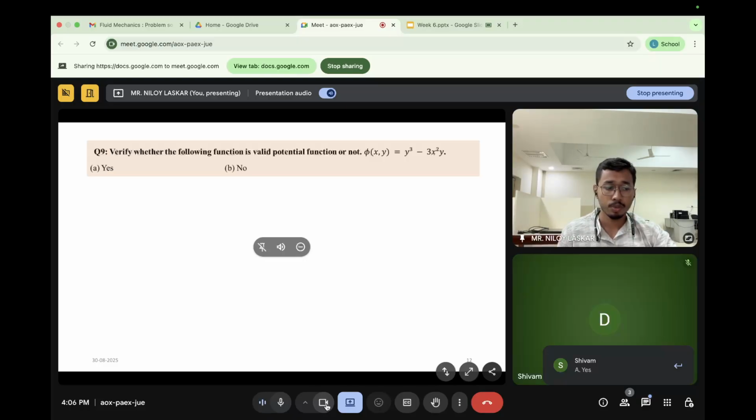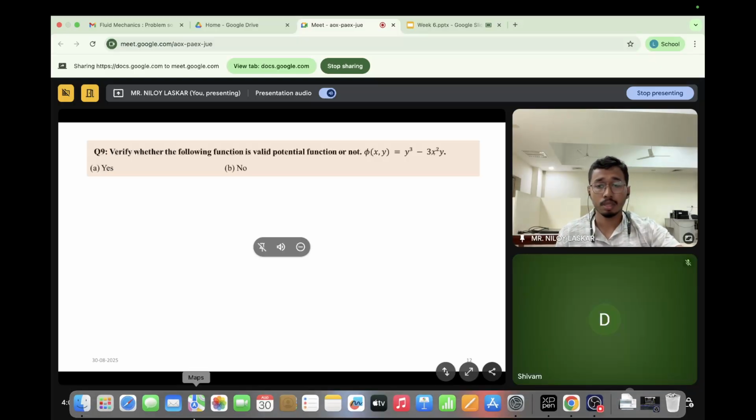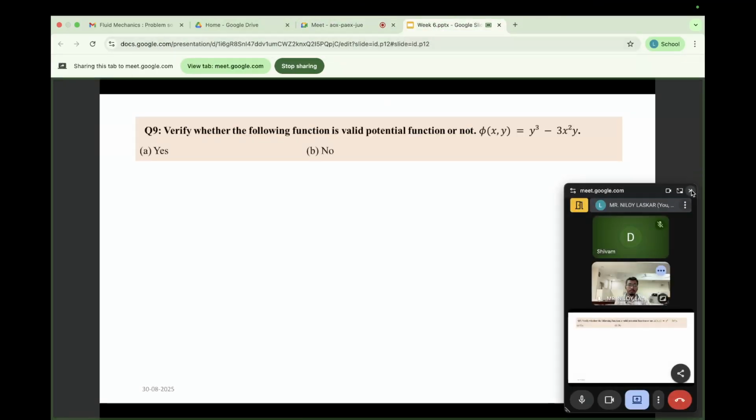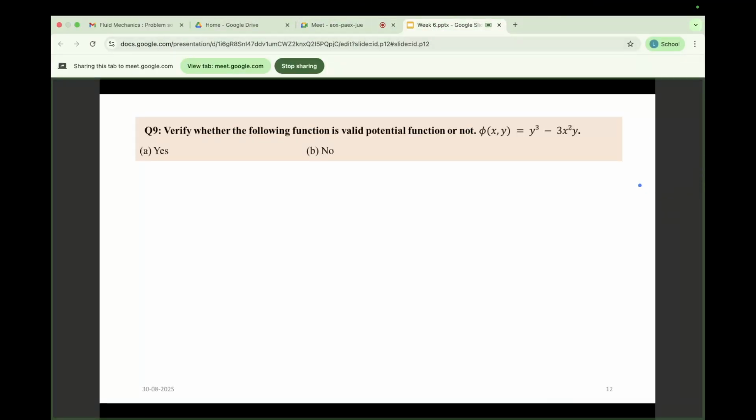So Shivam has responded that it should be option A. So let us check. So what is given? This velocity potential is given.